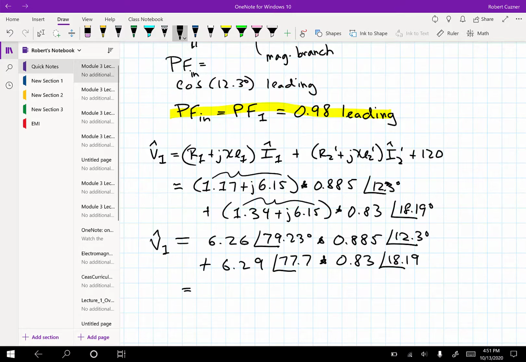So on the primary side, we're going to have a voltage drop of 5 point. Remember that we have to add 120. This is 0 degrees. Don't forget that. People always make that mistake on tests.